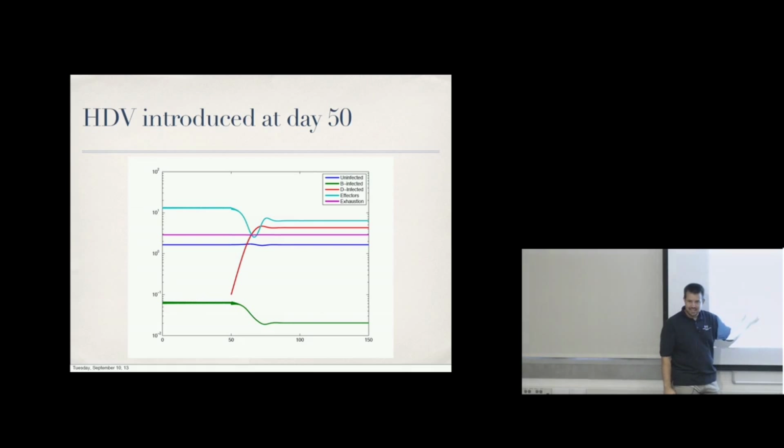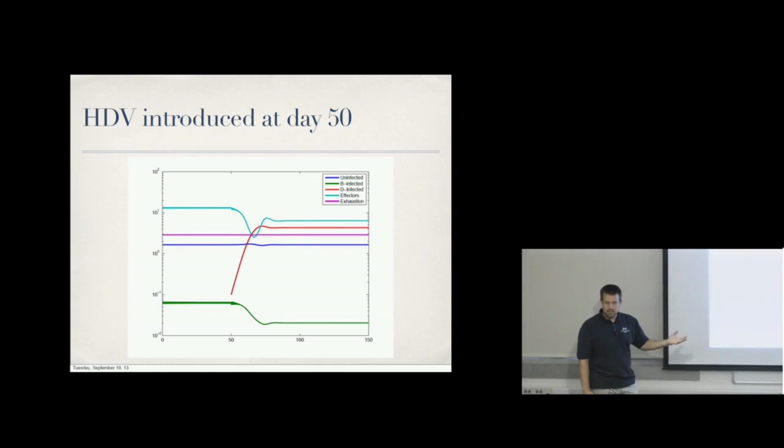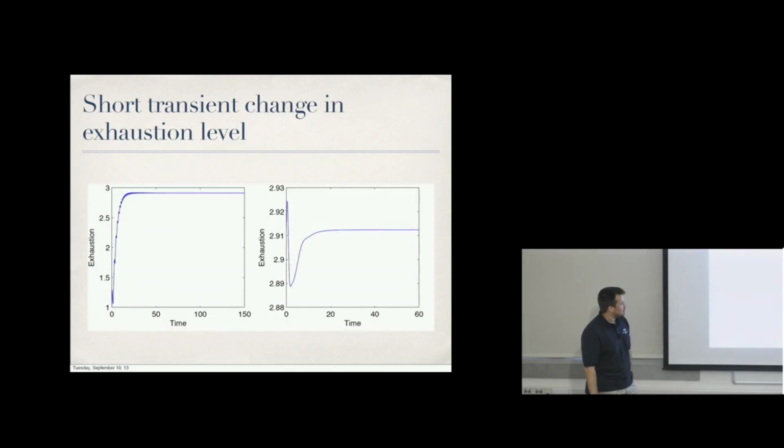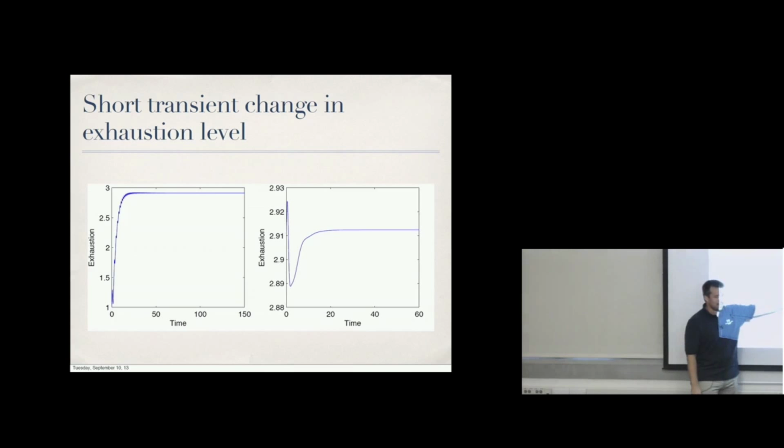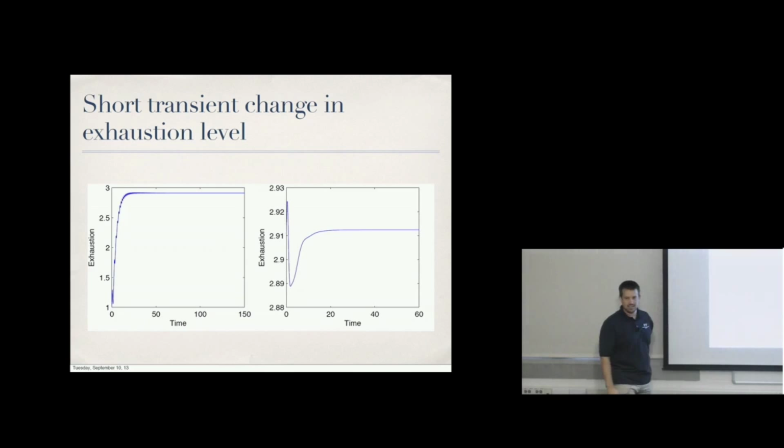So it's not the case, at least in this simple model, that adding in the extra infection can cause a recovery from exhaustion of the initial immune reaction, leading then to more intense damage in the co-infection case. So this is what happens with the exhaustion level, and it changes on a very, very small scale. Very short transient, and then it's done. It's just back to where it was before.